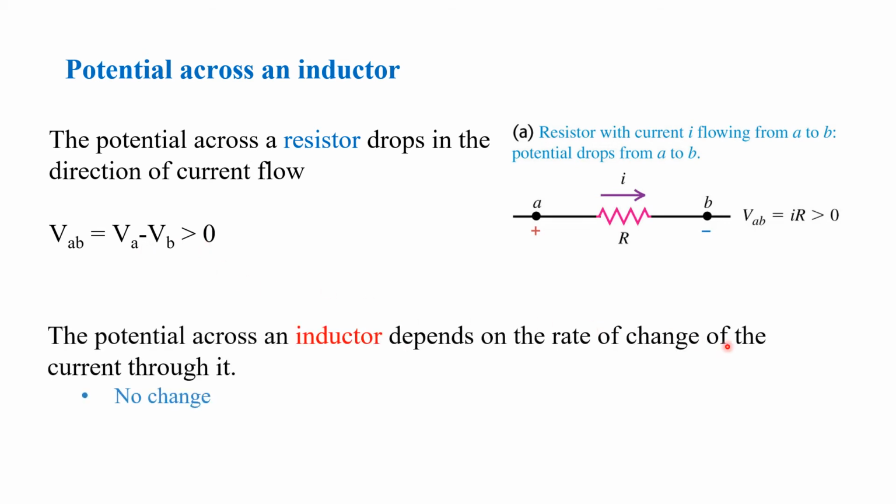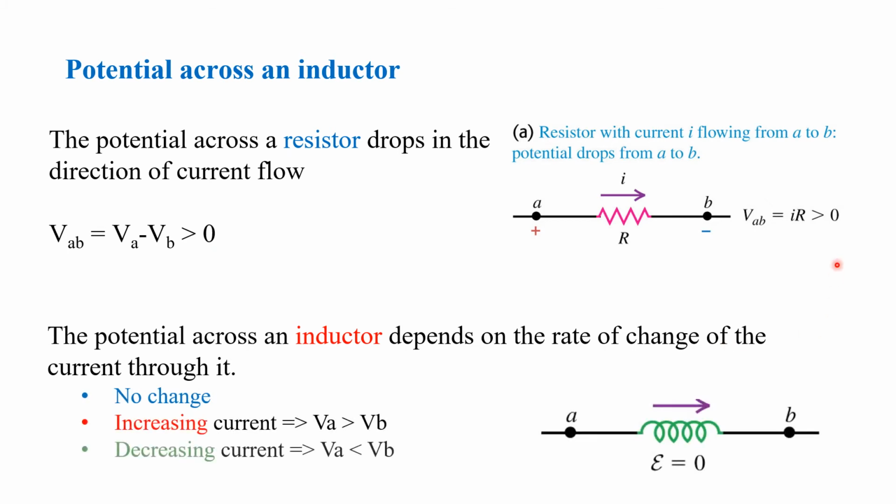On the other hand, the potential across an inductor depends on the rate of change of the current through it. Again, the potential across an inductor depends on the rate of change of the current through it. So there's a dependence of the potential in your inductor on the change of the current. There is no change if the current is constant.